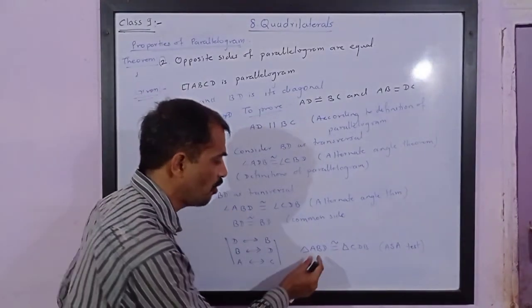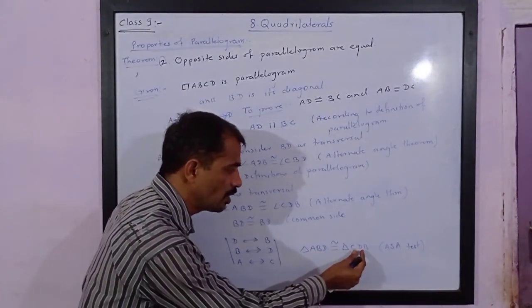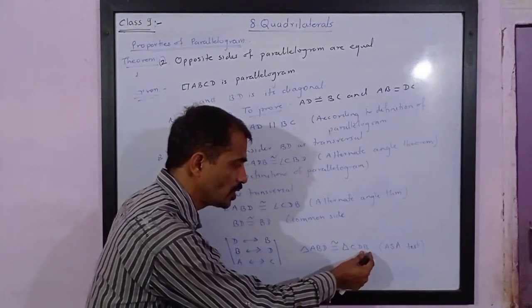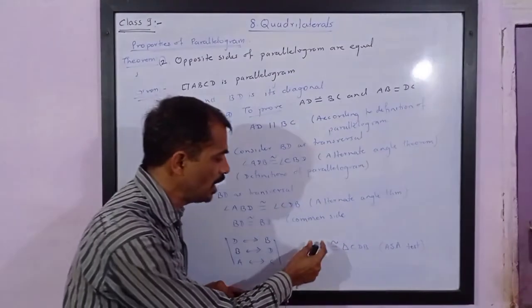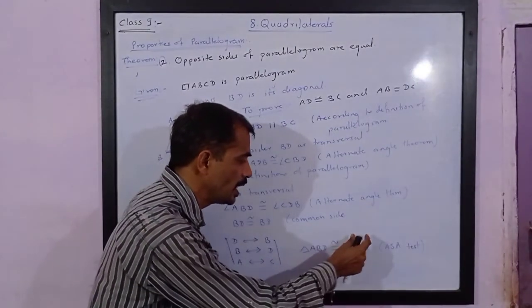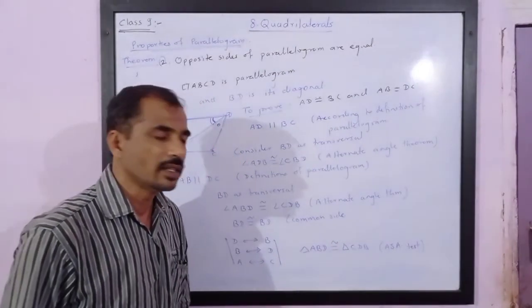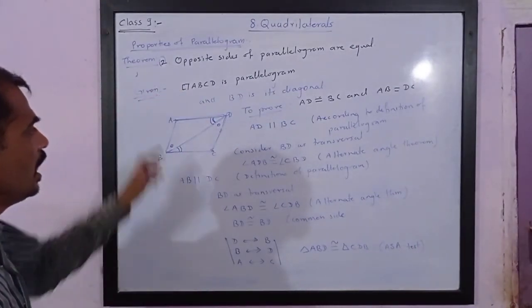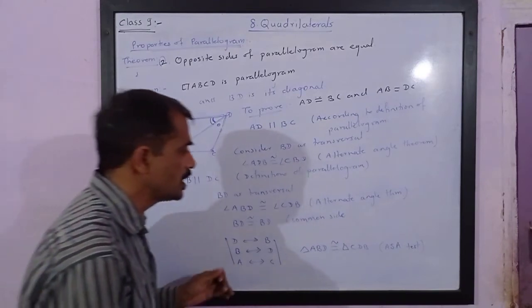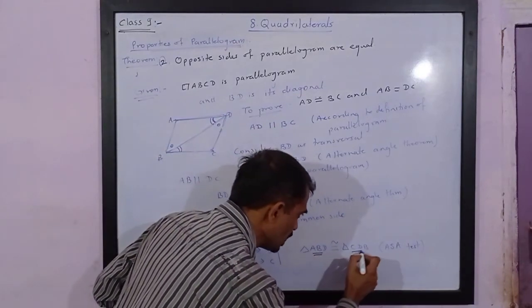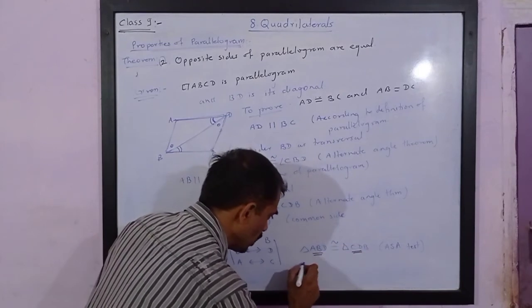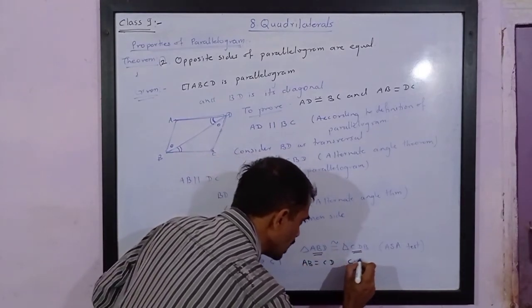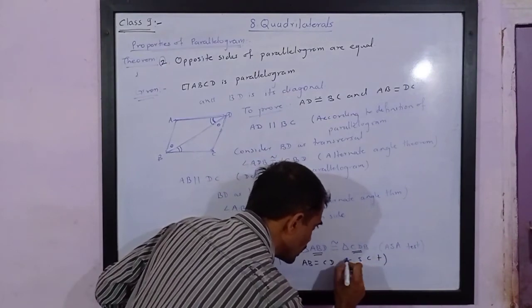It means the side formed by the first and second vertex is equal to the side formed by the first and second vertex. The side formed by the second and third vertex is equal to the side formed by the second and third vertex, and the side formed by the first and third vertex is equal to the side formed by the first and third vertex. So here you will get side AB is equal to side CD. The reason is corresponding sides of congruent triangles.